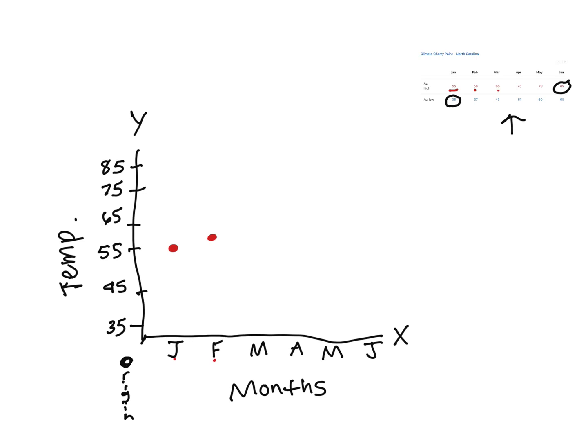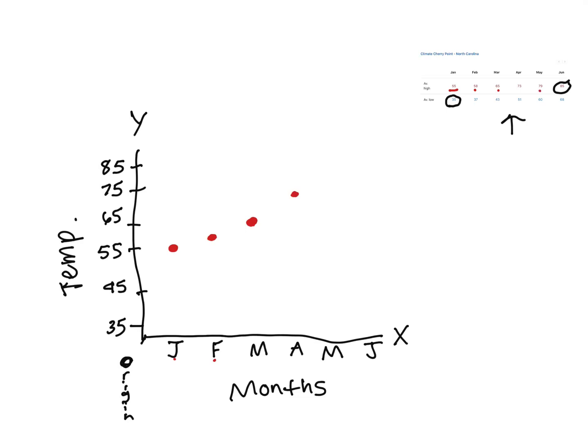And next is March, which is 65. March and up to 65. Again, I want to make it as close as possible. April was 73 degrees, so that's closer to 75 than it is 65. So I'm going to have it not quite up to the 75, just below it.